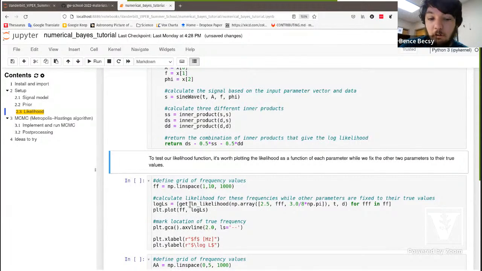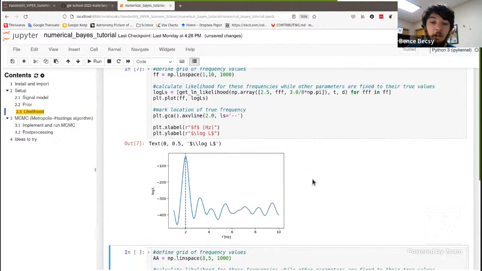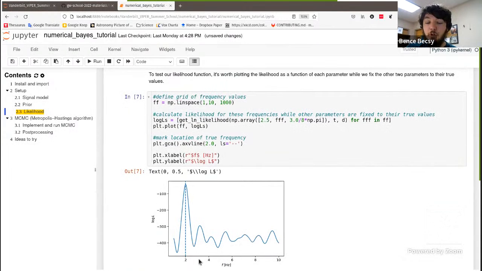You calculate the log likelihoods in a way that you fix the other 2 parameters to their true values, and then just loop over the different values of the frequency over the whole prior range, and then you can plot the log likelihood. And you can see here that we put in a signal with a frequency of 2 Hertz, and the likelihood surface has a nice peak around 2 Hertz. So probably we did do it right. So it looks all right.